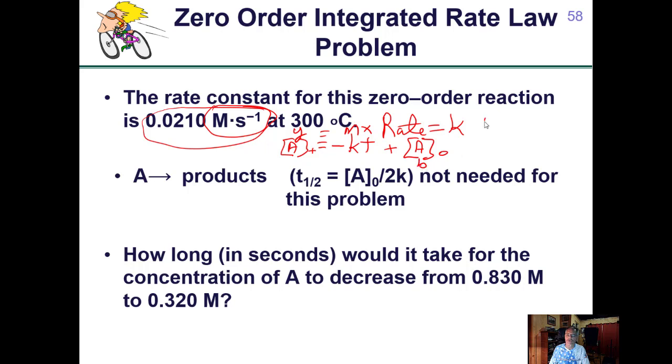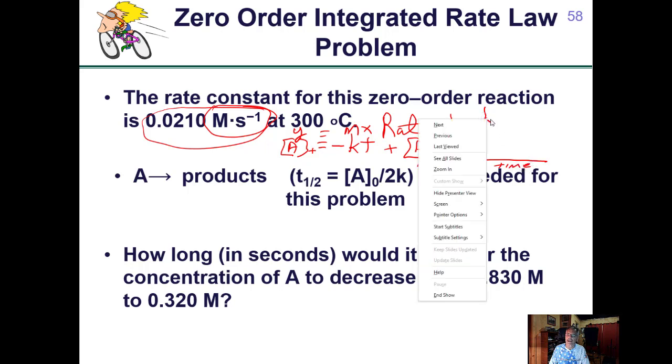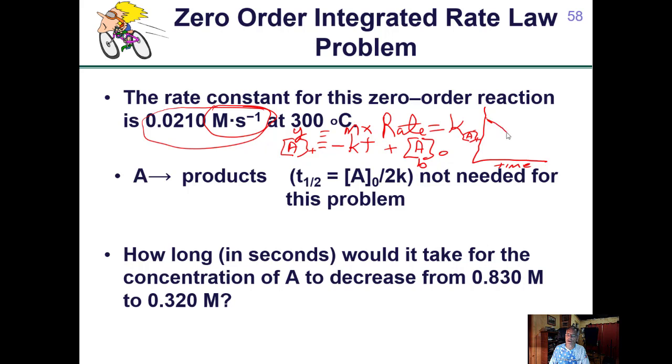And if I were to draw the zero order integrated rate law plotted on a graph, this would be just A at time T versus time. You would wind up with a negative slope. The slope would equal the negative of k.